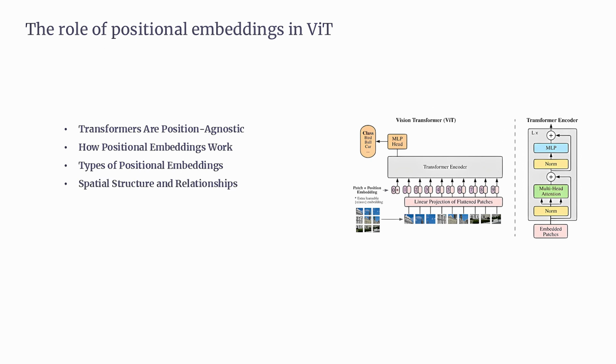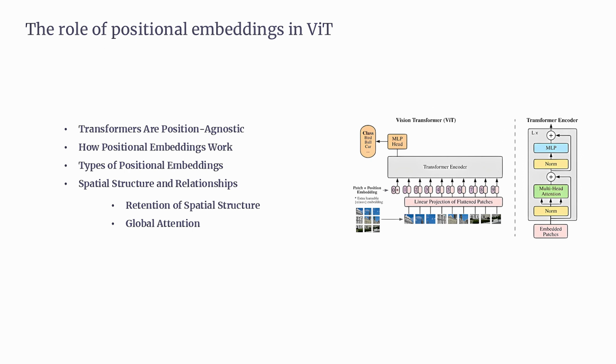The fourth, spatial structure and relationships. 1. Retention of spatial structure. Positional embeddings ensure that the ViT model preserves the relationships between patches. For example, patches that are close to each other in the image, like top left and top right, should be understood as being spatially related, while patches far apart, like top left and bottom right, should be recognized as distant. 2.